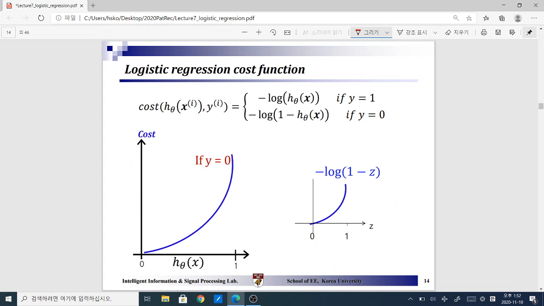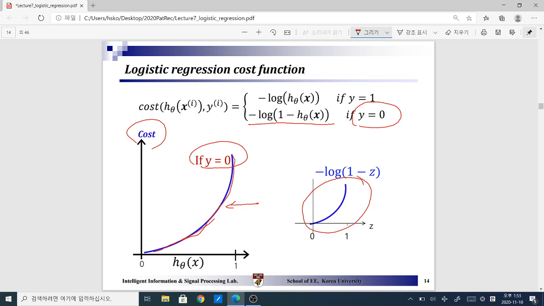And similarly, for the case of the label being 0, we place a negative of the log of 1 minus the prediction. And similarly, the negative of the log of 1 minus z has this type of function. So we apply that directly here. So in terms of the cost, this is the cost function.